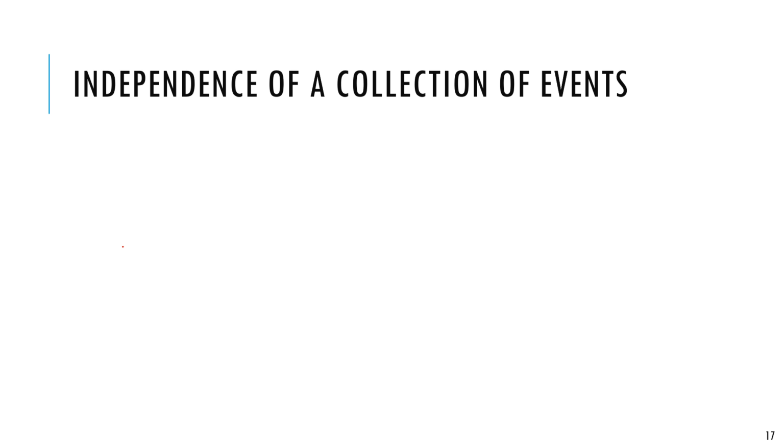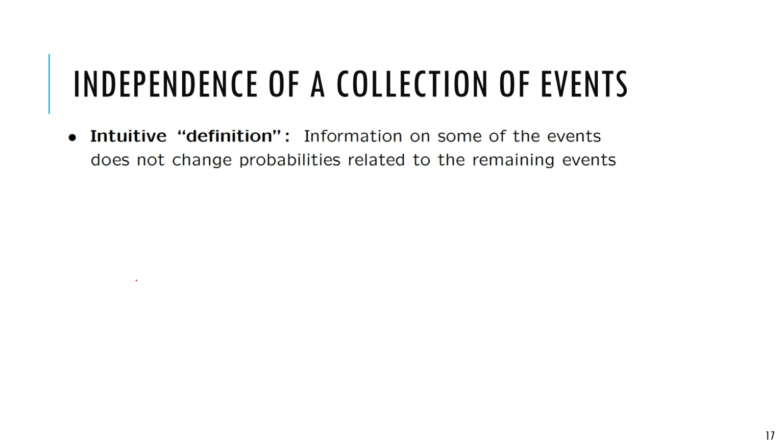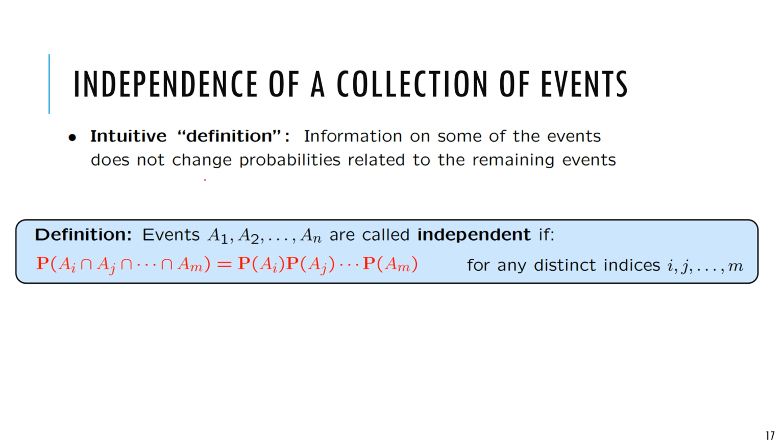The independence of a collection of events: the intuitive definition is that information on some of the events does not change the probability related to the remaining events. Here we define events A1 to An as independent if the probability of their intersection equals the multiplication of their probabilities, for any distinct indices.